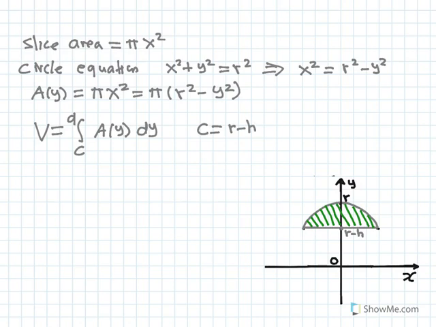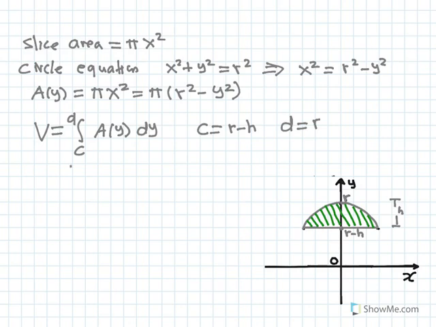That's this part here. d is the upper y limit of integration, d is equal to r. And we've drawn a picture in this diagram that explains that, because the radius of the sphere is r and the height of the spherical cap is h, to find the lower limit of integration we have to subtract h from r and get r minus h.